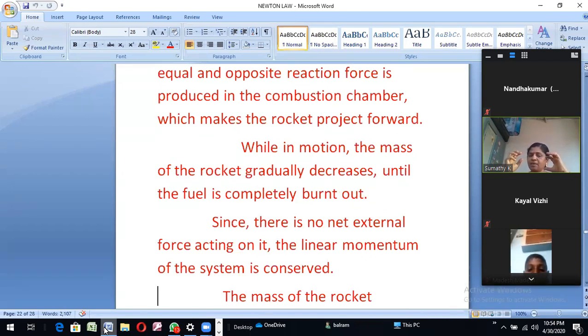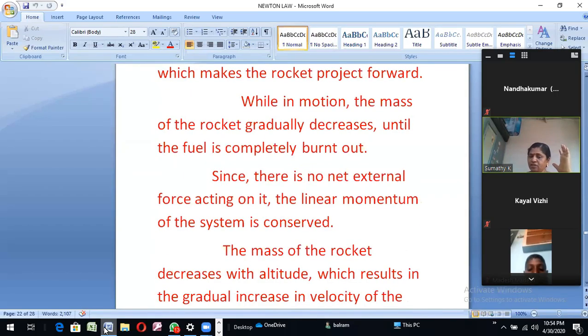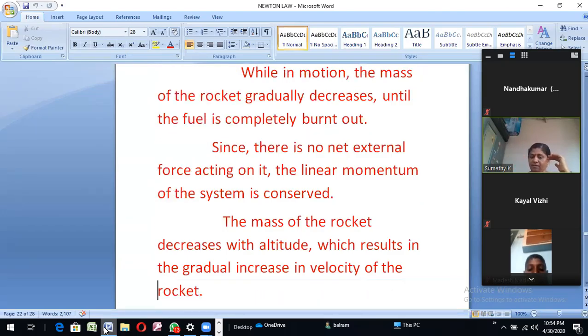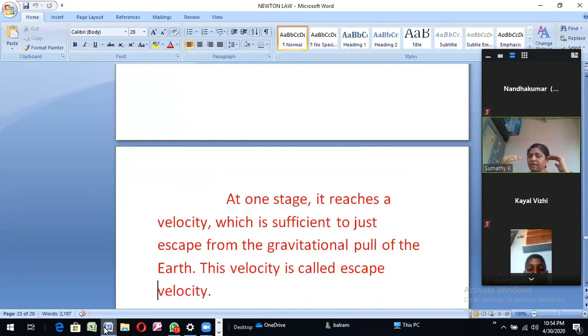Okay, the linear momentum of the system is conserved. So the mass of the rocket decreases with altitude, which results in a gradual increase in the velocity of the rocket. The velocity of the rocket also increases.